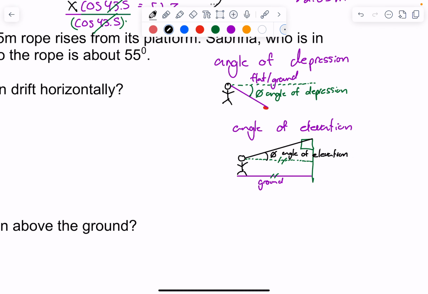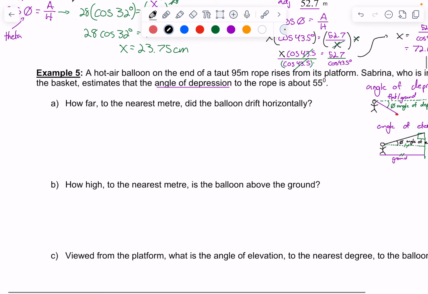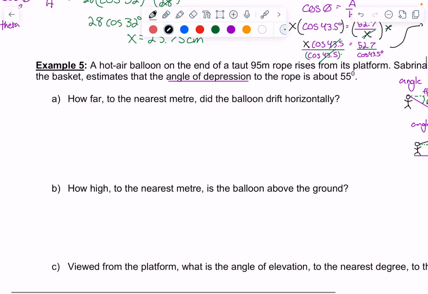So let's use what was given to draw a picture of this scenario. Let's read it one more time. A hot air balloon on the end of a 95-meter rope rises from its platform. Sabrina, who is in the basket, estimates that the angle of depression of the rope is 55 degrees. So there is some platform that this hot air balloon launched from, and Sabrina is in the hot air balloon, right up here.